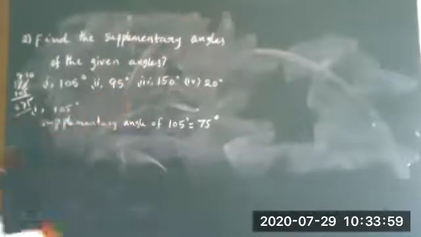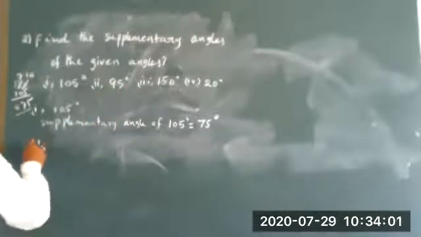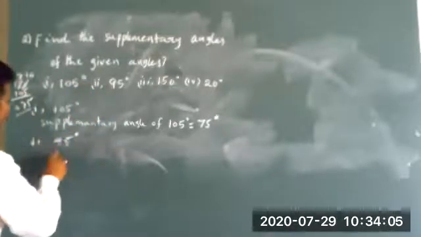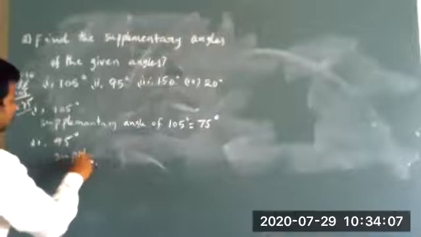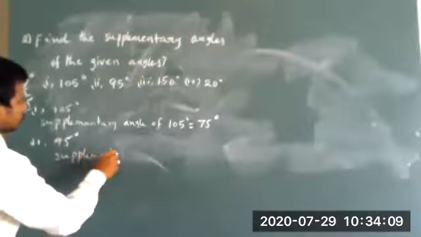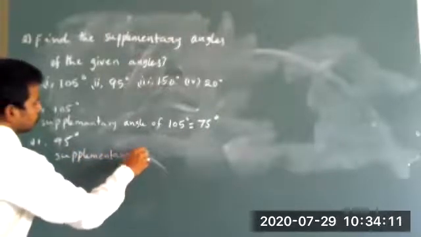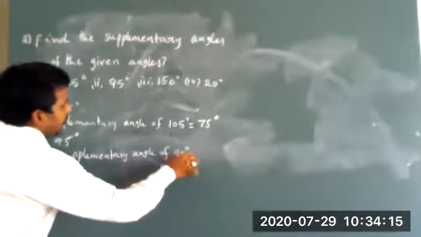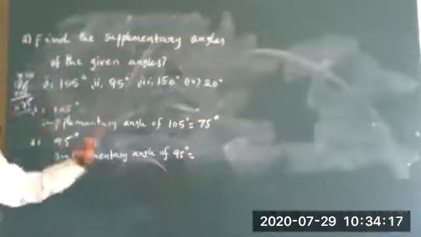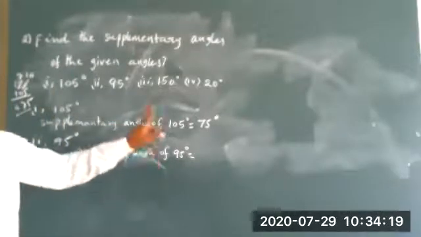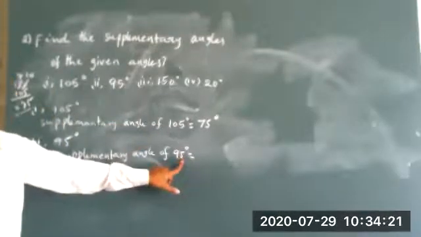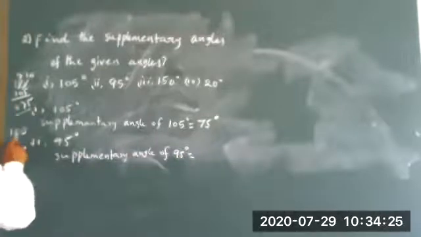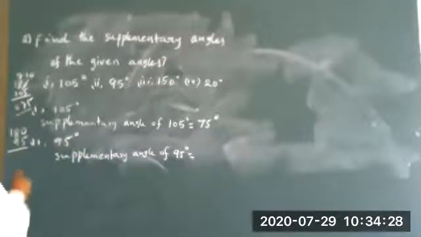Now take 95 degrees, the second problem. The supplementary angle of 95 degrees equals what? Take 180 and subtract 95.